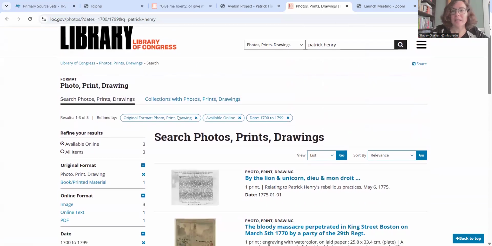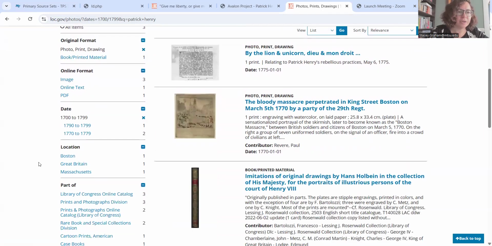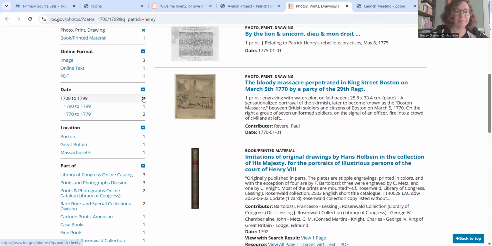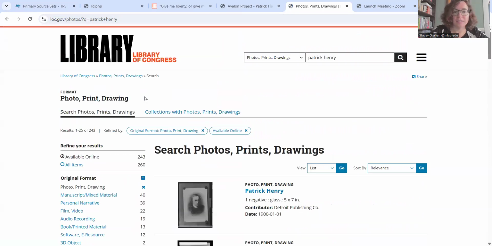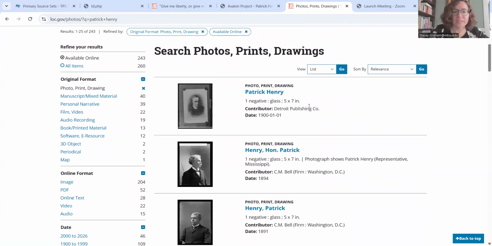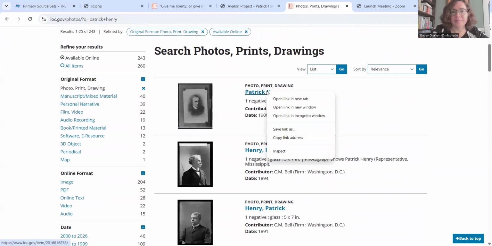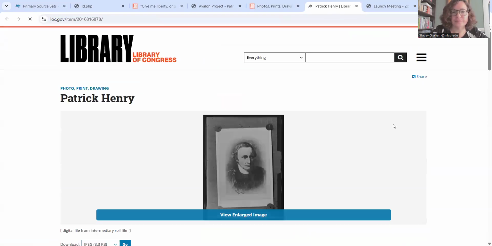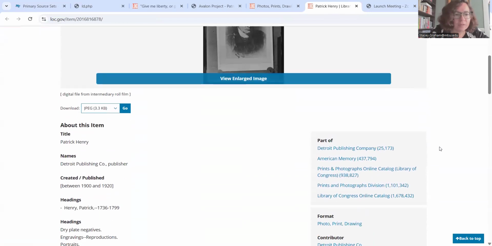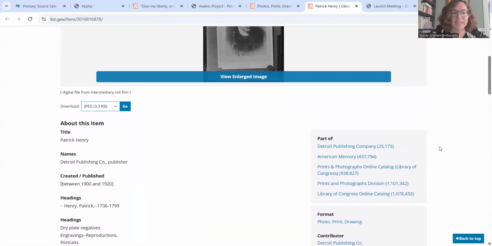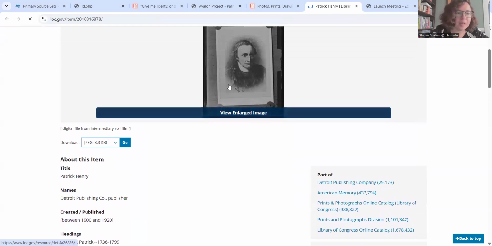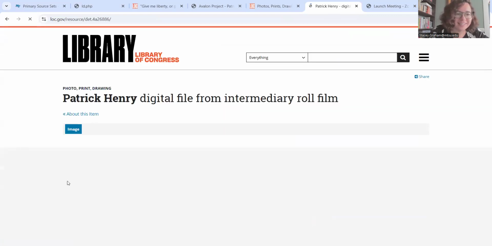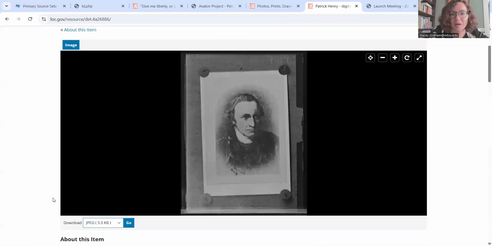So let's go back to what if you just want to find an image of Patrick Henry and we take off the date range? What's this first one that pops up here? Well, the date is between 1900 and 1920. But if you look closely, this is a picture of a picture.